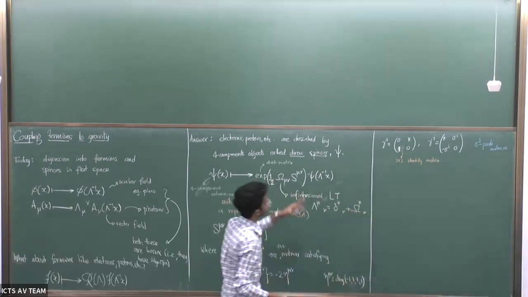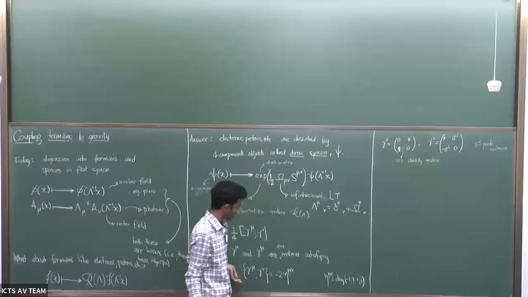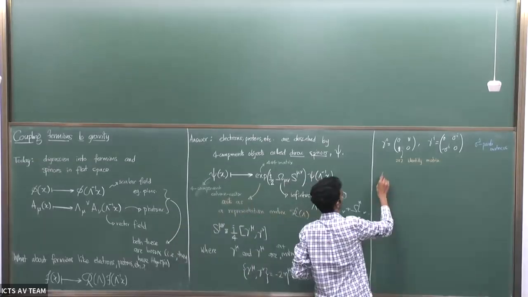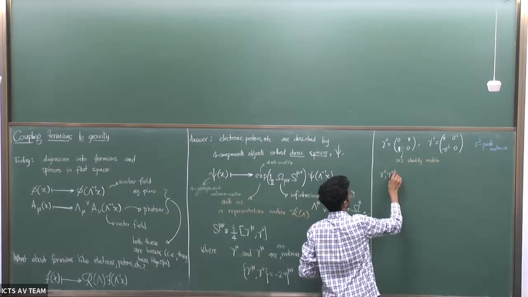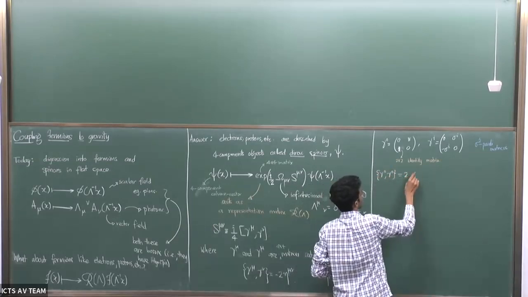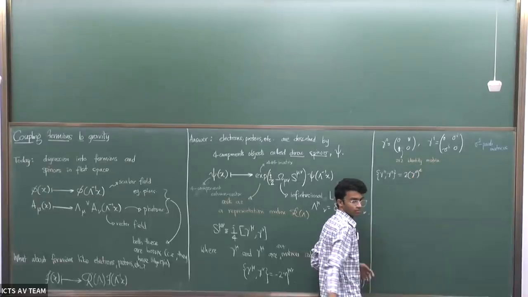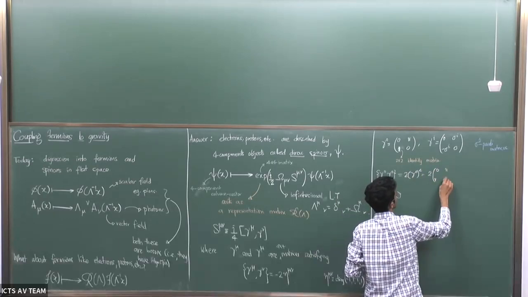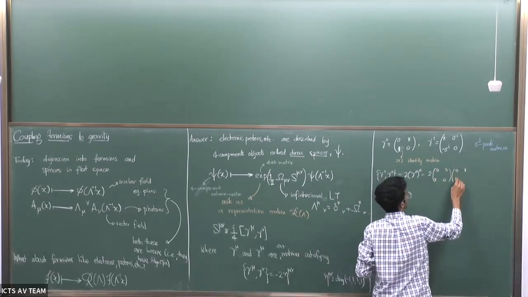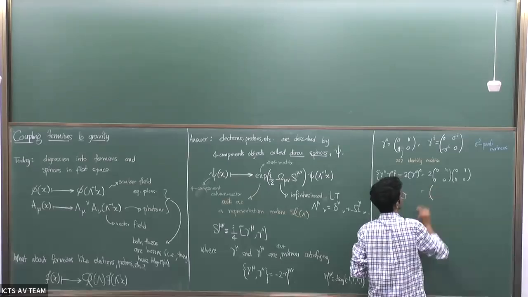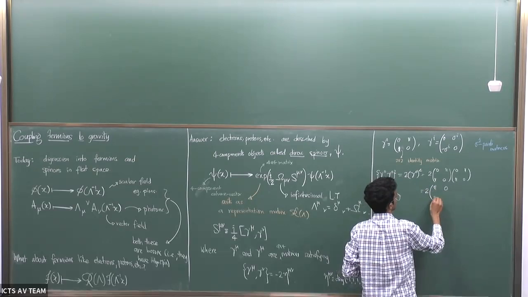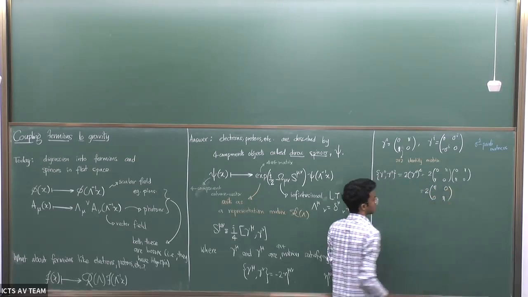Okay. So just as a sanity check, let me show you that this can be satisfied with these matrices. So let's take the gamma 0 anticommutator. And the anticommutator is just 2 gamma 0 squared. So this will just be 2, 0 identity 0, 0 identity 0. So this will be what? 2 identity 0, 0 identity. Right?